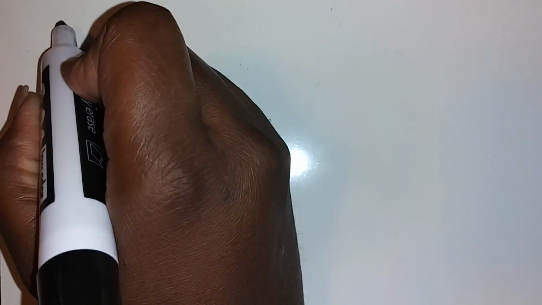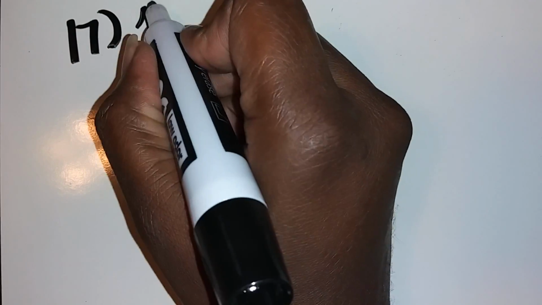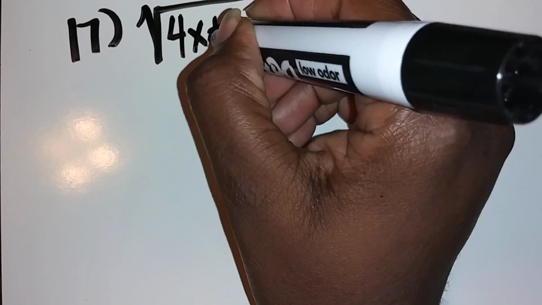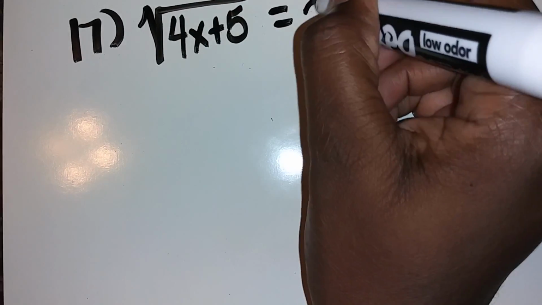Let's turn to page 699 and we're going to look at number 17. It says solve each equation. 17, I have the square root of 4x plus 5 equals 3.